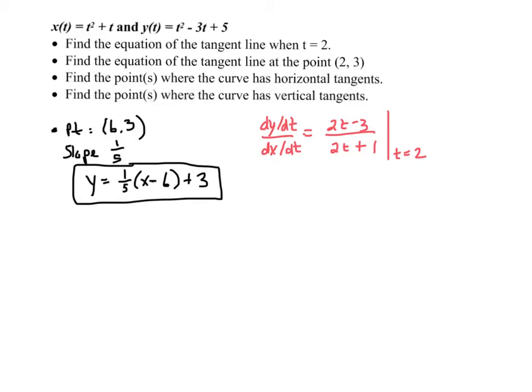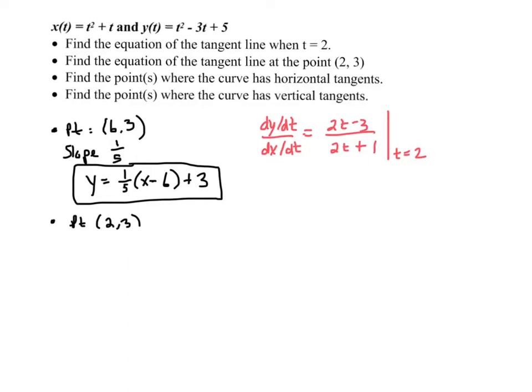Now the next question says find the equation of the tangent line at the point (2, 3). So this is a little nicer. It starts off with the fact we know the point. The problem is, of course, as we go to evaluate, the derivative is in terms of t, and we only know the point. Well, it's easy enough to solve. If I know that x is 2, I could simply say, what would t have to be to give me 2 right here?